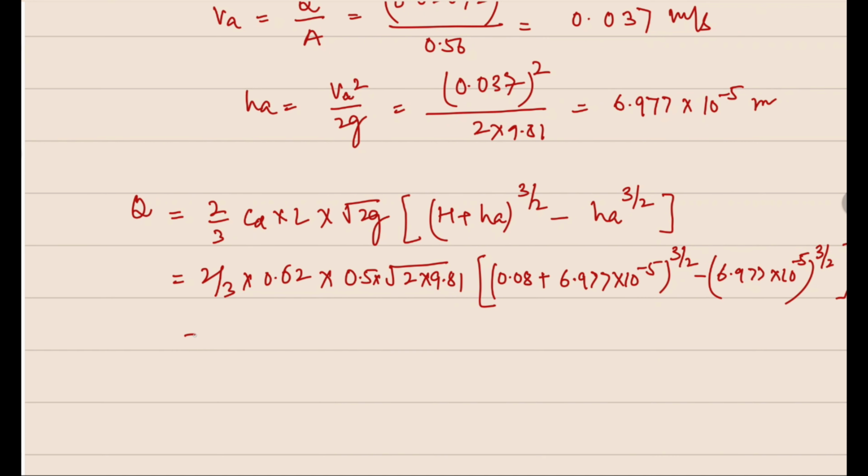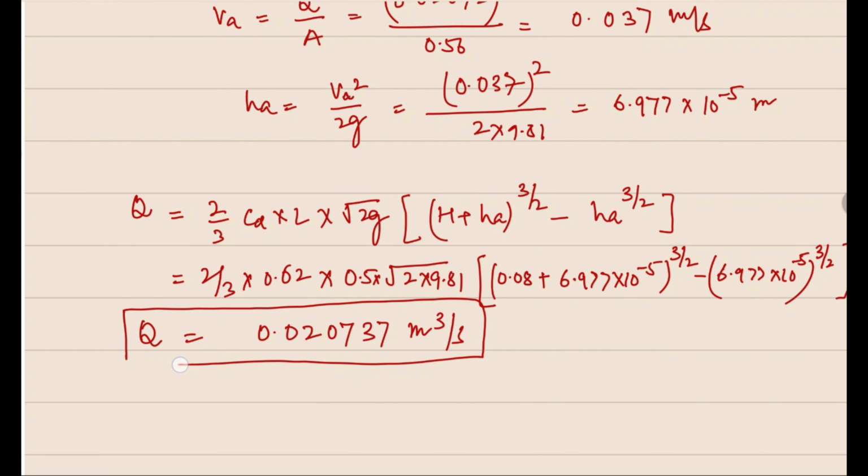And if we calculate, this value is coming out to be 0.02037 meter cube per second. That is the Q value we are getting in the third iteration.